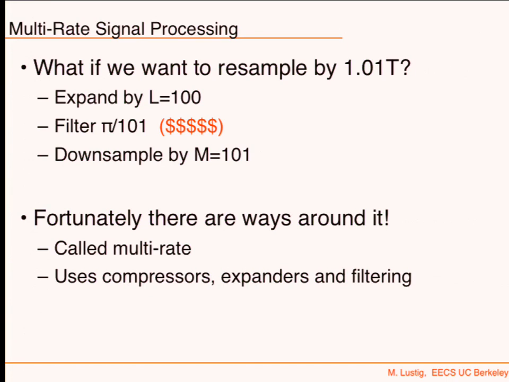Then filter by pi over 101, or by this billion thing I just mentioned, and then downsample everything back by 101. Problem. It's going to cost you memory. It's going to cost you computation. Terrible. But here's the thing. Lots of zeros there. When you expand, lots of zeros. When you then convolve with some sinc, do you really need to multiply with all these zeros? Do you have to store them maybe? Do you really need to do that?